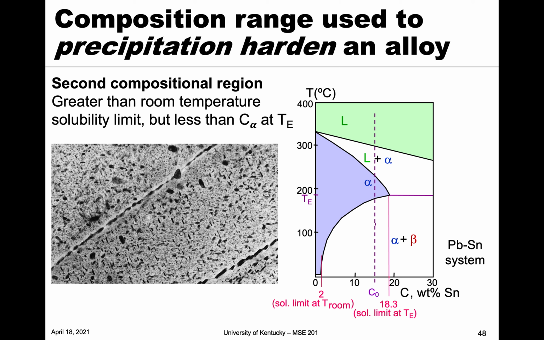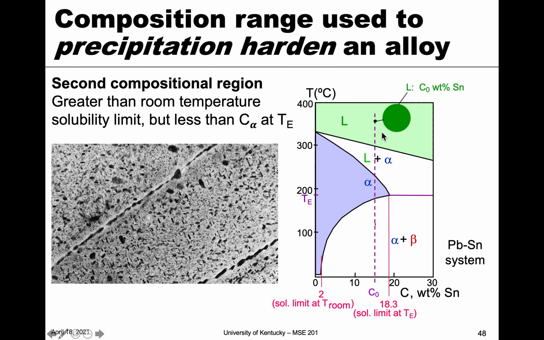And so this is a region of the eutectic phase diagram in which we can precipitate those particles, because you can think of the matrix phase here, the lighter region, as alpha, and then when we go below the solvus, we form those beta particles. And so those are the darker, other kind of shaped, some of them disc shaped particles that we see in this region. And so that's why this particular portion of the phase diagram is important, particularly for precipitation hardening, or strengthening of alloys.